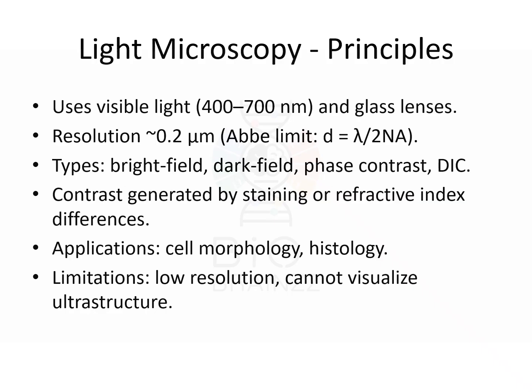There are different types of light microscopy like bright field, dark field, phase contrast, and DIC. In this technique, contrast is created either by staining the sample or by differences in refractive index. This is mainly used for studying cell shape and tissue structure, but its limitation is that it cannot show very fine details inside the cell.